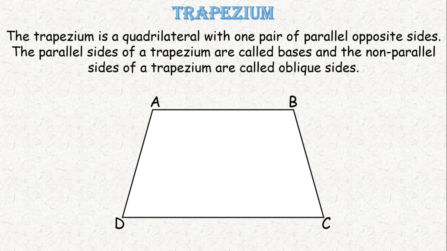Of the parallel sides, one will be the small one and one will be the big one, and oblique sides meet at a point. According to this quadrilateral, AB and DC are parallel sides and AD and BC are oblique sides.